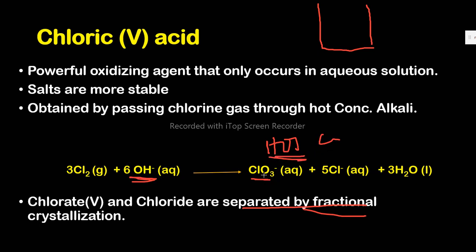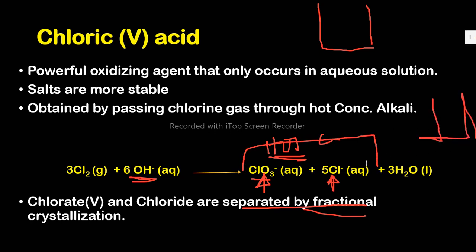So if we know the freezing point of chlorate and we know the freezing point of sodium chloride, now the one which freezes before the other, you're going to cool this hot solution. You will cool it until you reach its freezing point.